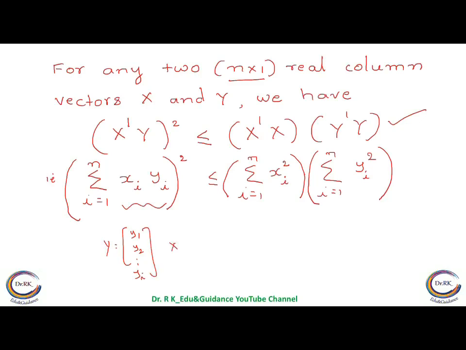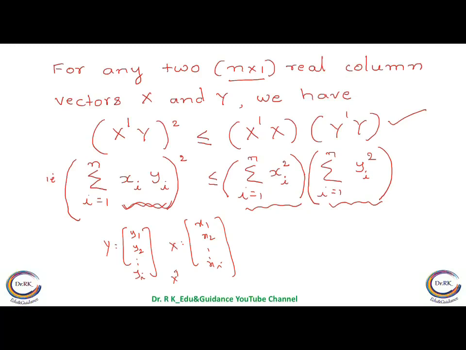If we take the transpose of x and multiply by y, we get x1 y1 plus x2 y2 plus x3 y3 and so on. That is what is meant by this. The summation over i from 1 to n of xi yi, whole squared, is less than or equal to x transpose x, which is nothing but x1 squared plus x2 squared and so on, and similarly the sum of yi squared.